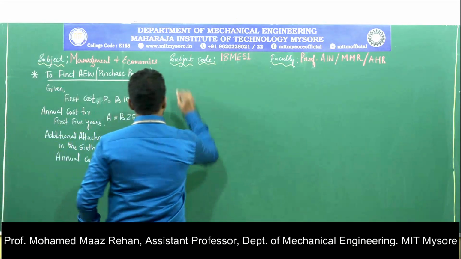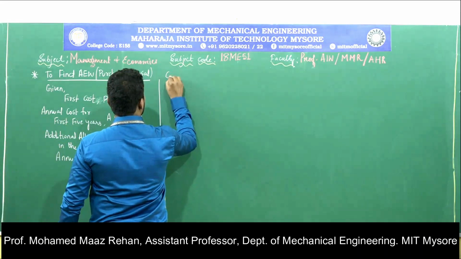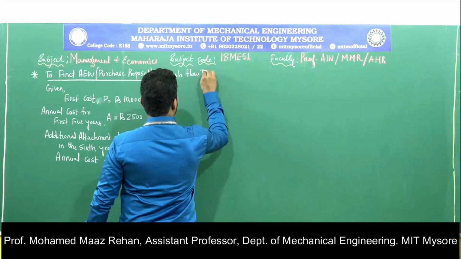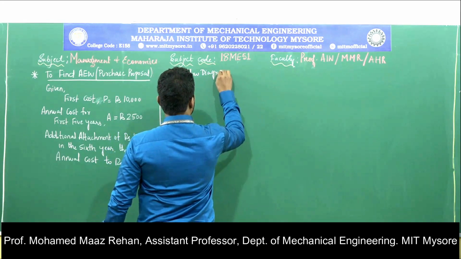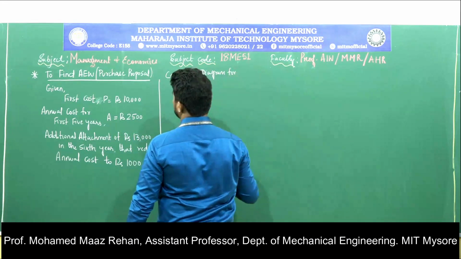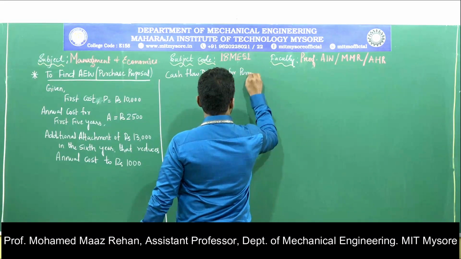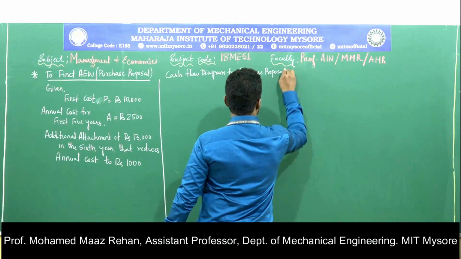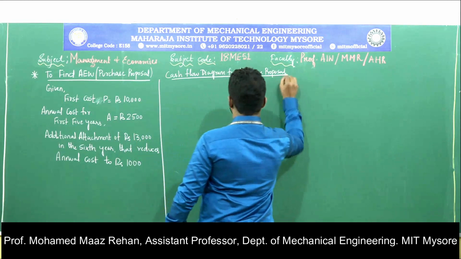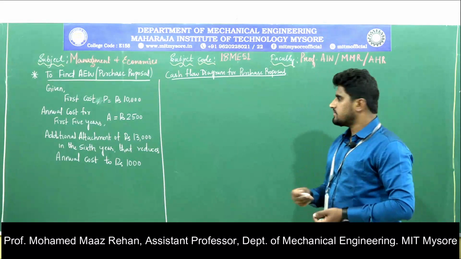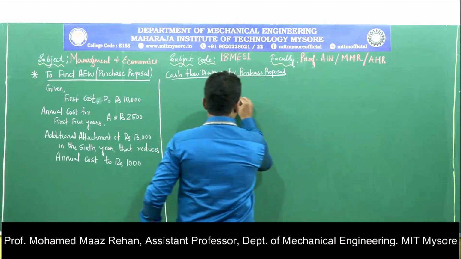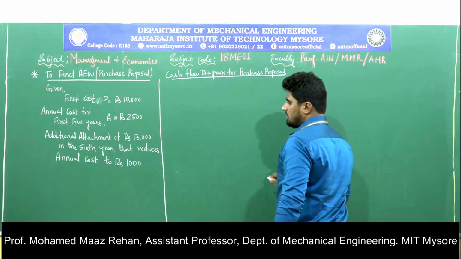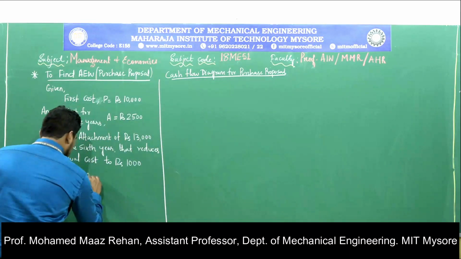Okay, so we shall draw the cash flow diagram for the purchase proposal. How to draw this? First cost they have given, right? Total number of years is 10 years. The rate of interest is 10%.